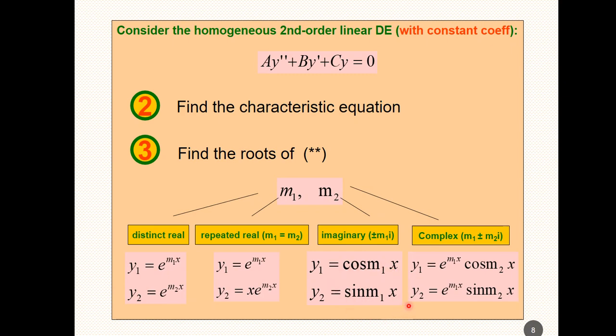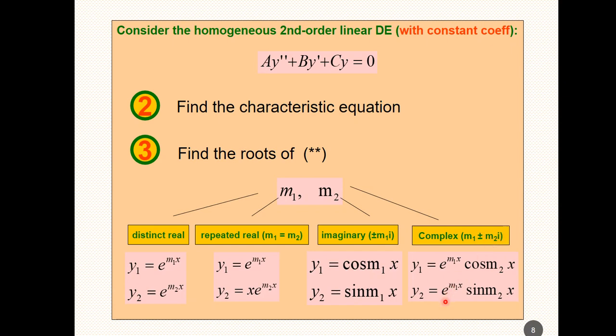sine. If the roots are not purely imaginary but are said to be complex, meaning it has a real part and an imaginary part, then the form of the distinct and real and the imaginary will be connected, or used as one form in the case of complex roots. So the form will be something like e, the exponential function, multiplied to the cosine. That would be for m sub 1 plus m sub 2 i.